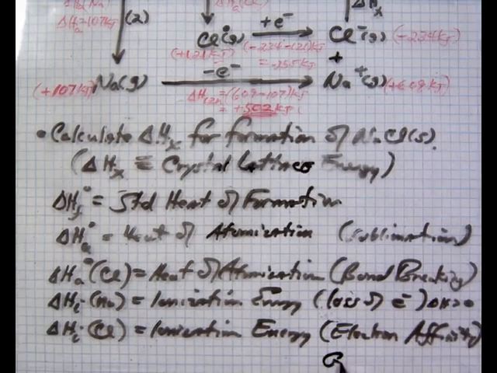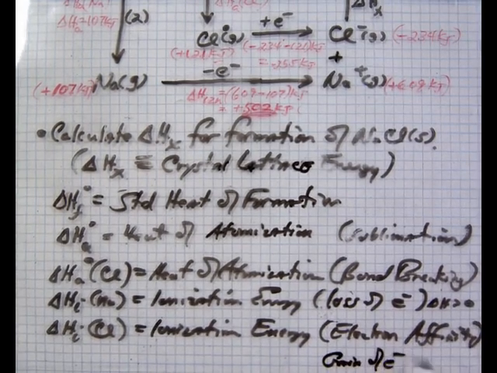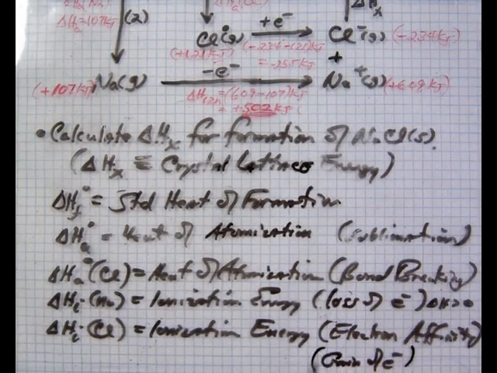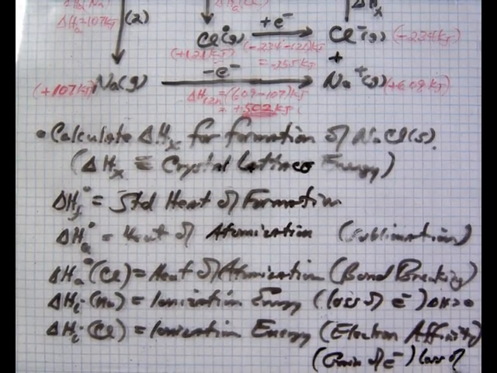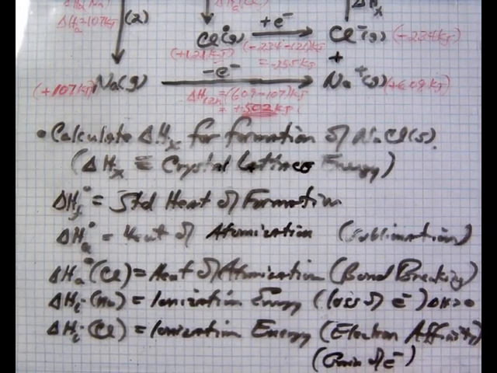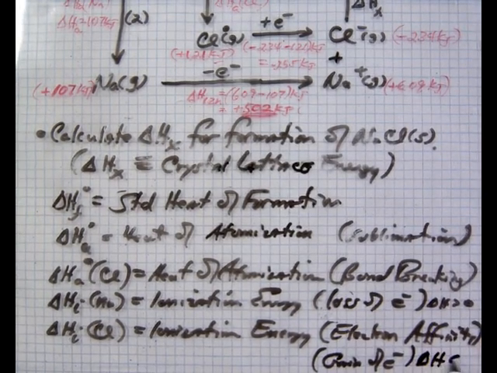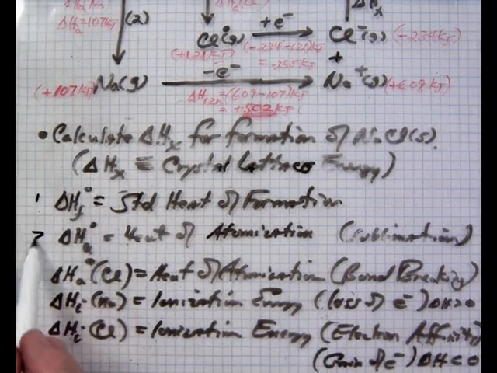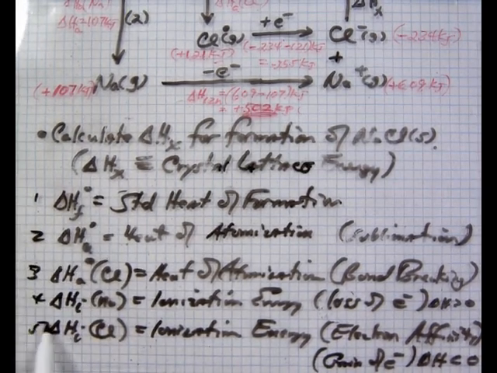This is a gain of electron and a loss of energy. Just put it in here. Delta H less than 0. How about that? Okay, so we got 1, 2, 3, 4, 5.